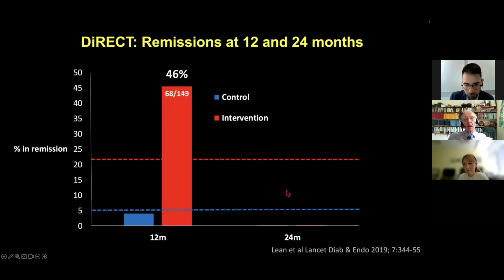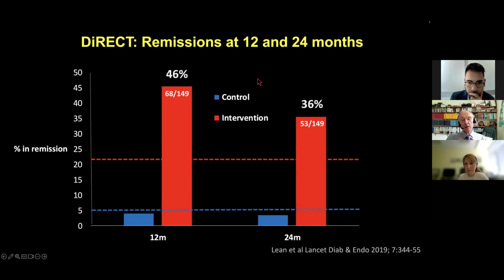I think you may well have seen the results already. So I'll pass over fairly rapidly from the difference between the control and the intervention group in remissions at 12 months, remissions at 24 months, 36%.